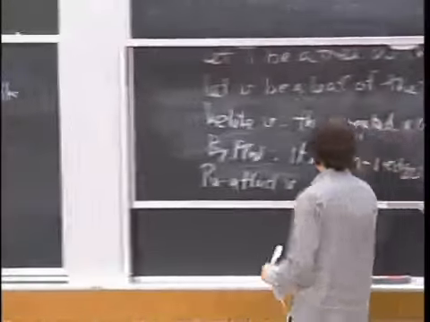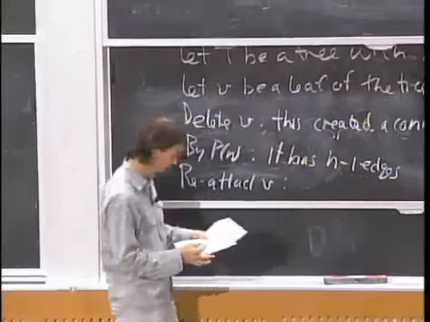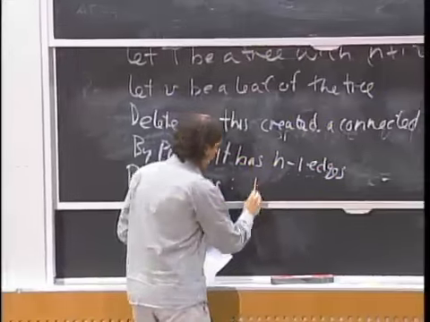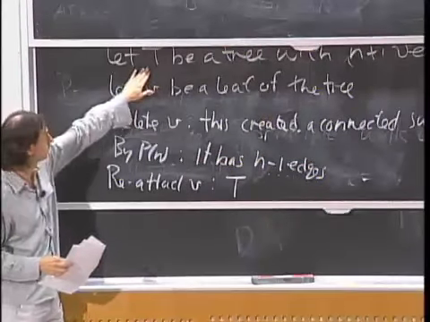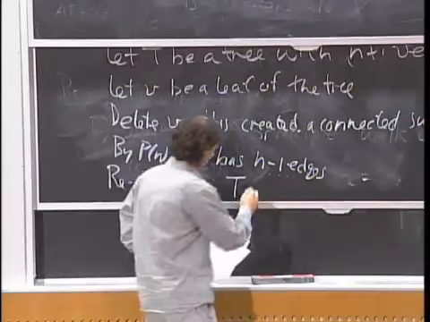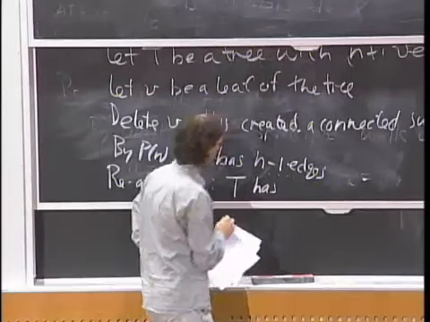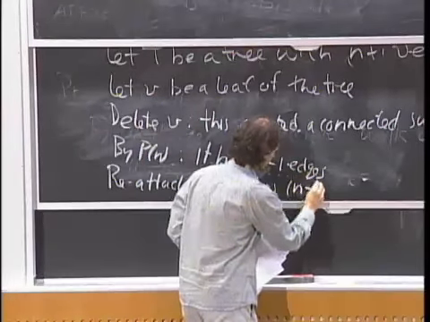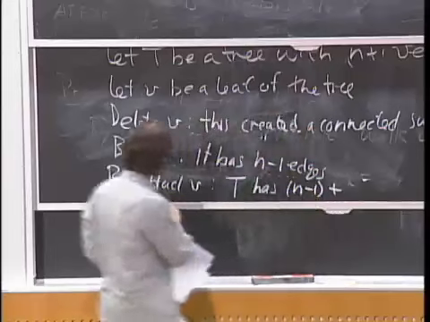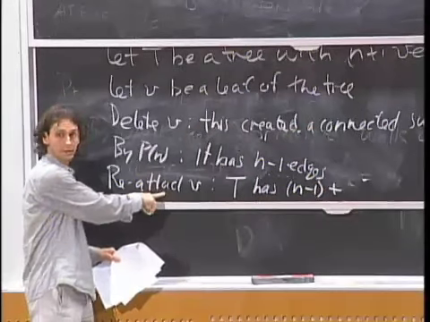So if I reattach this particular leaf, I will get back the original T over here. And how many edges does it have? Well, it has these n minus 1 edges, plus the one edge that is needed to reattach the leaf.